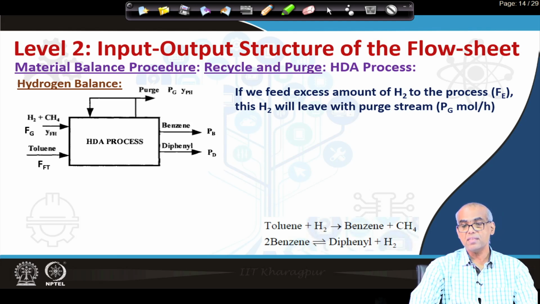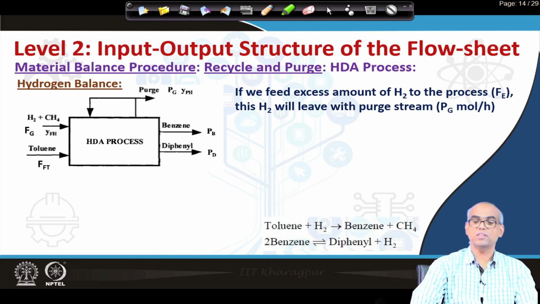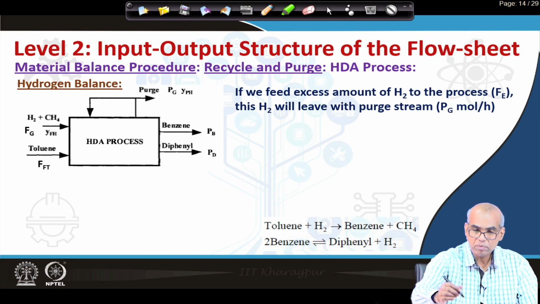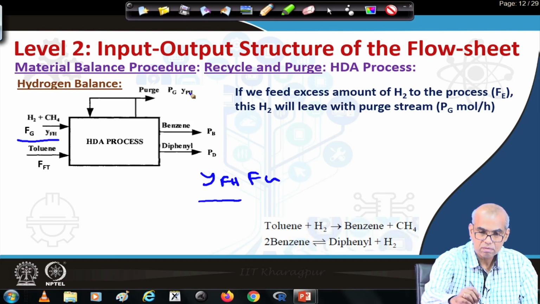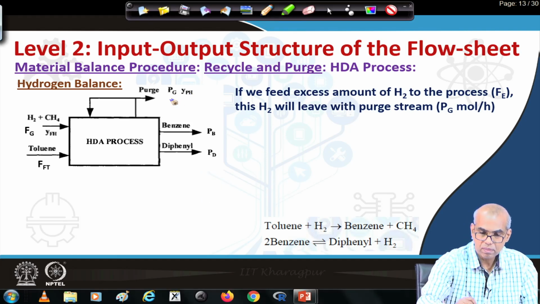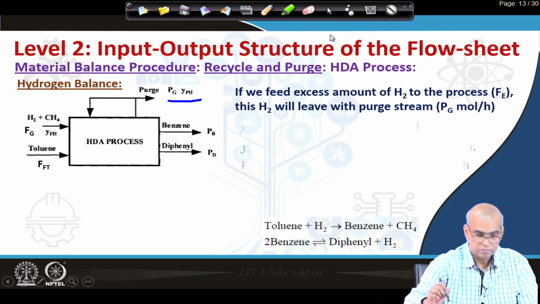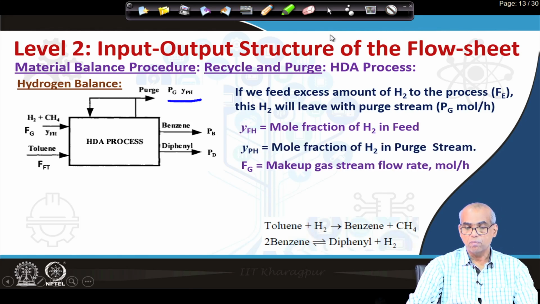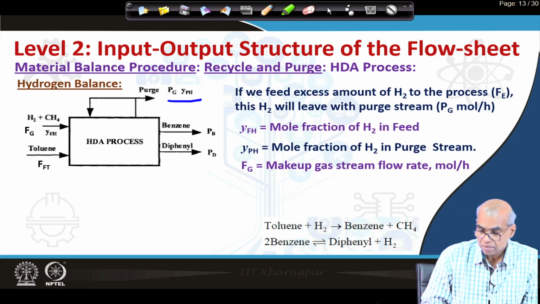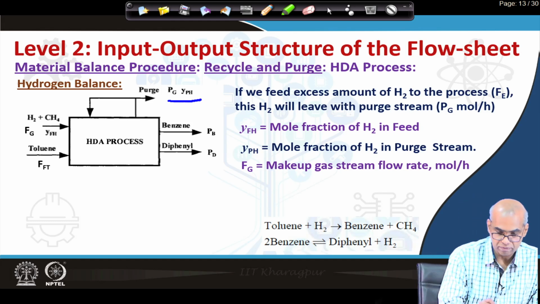If we feed an excess amount of hydrogen to the process, this hydrogen has to leave with the purge stream. The flow rate of the purge stream is Pg, and the mole fraction of hydrogen in the feed is Yfh and the mole fraction of hydrogen in the purge stream is Yph. Fg is the makeup gas stream flow rate.